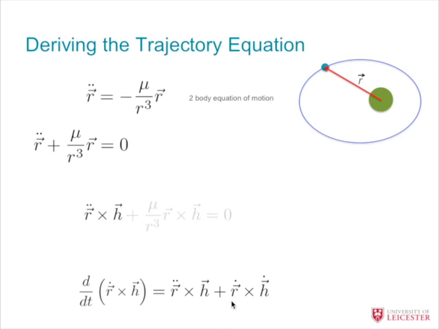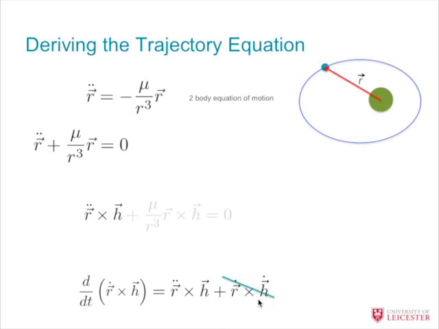In other words, plus r dot, the first differential of r with respect to time, crossed with the first differential of specific angular momentum with respect to time. And you know that the specific angular momentum of a spacecraft in the two-body problem is a constant. So the differential of specific angular momentum must be zero.